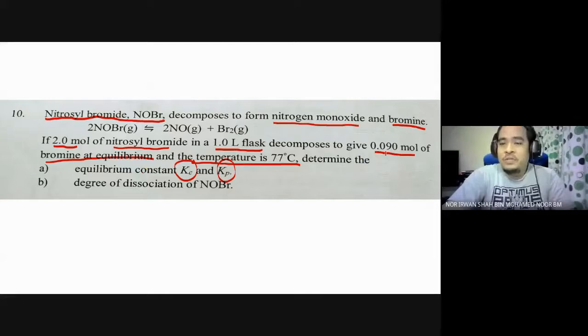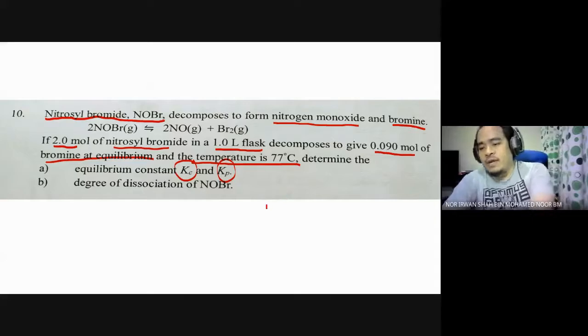See, this 0.09 moles of bromine here actually is the mole of bromine at equilibrium. Remember, this is not initial mole. Okay, however, we're still going to start to solve this problem 10A by constructing the ICE table first. And so let's look at how to construct the ICE table.